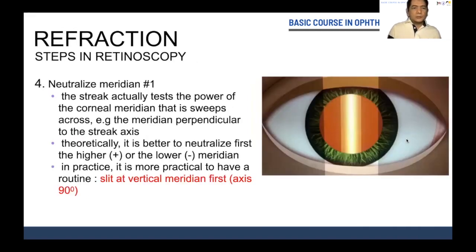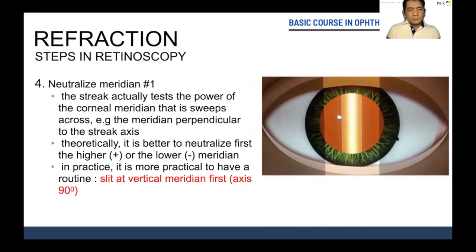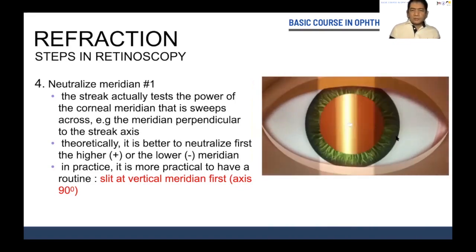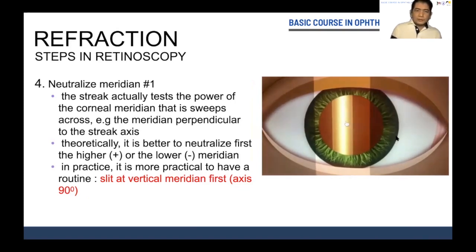Okay, so fourth step, neutralize meridian 1. The streak actually tests the power of the corneal meridian that it sweeps across.